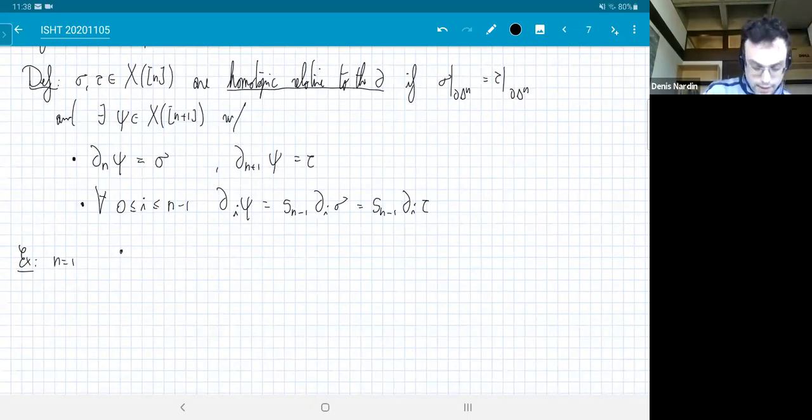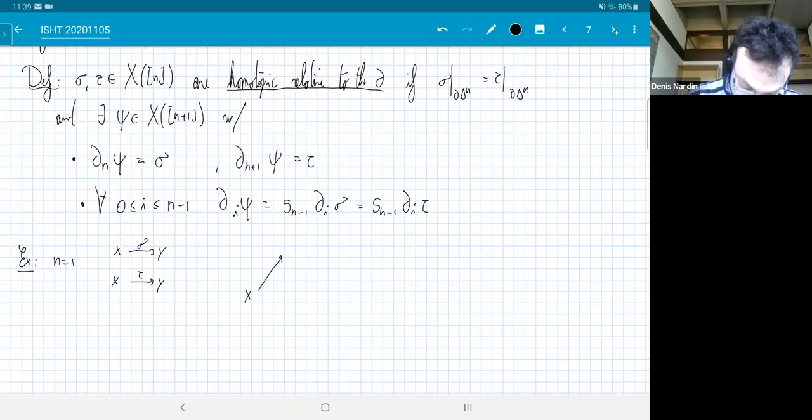So concretely, what it means for n equals 1. We have two paths, sigma and tau, and let's call x and y their boundary, and let's suppose that they have the same boundary. Psi needs to be something whose second face is sigma, so we have sigma here, and whose first face is tau, and whose zeroth face is this constant guy at y.